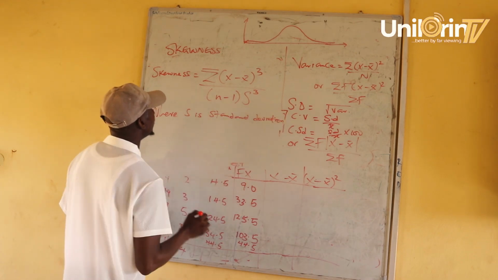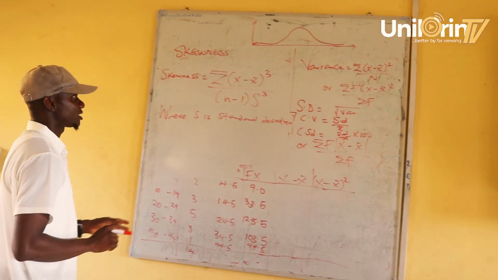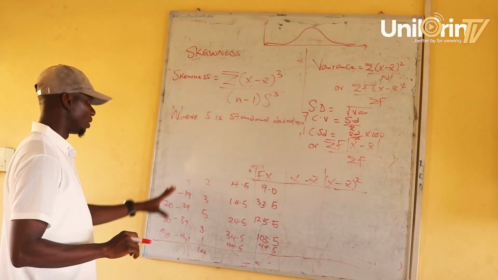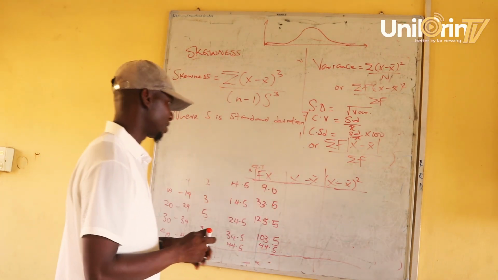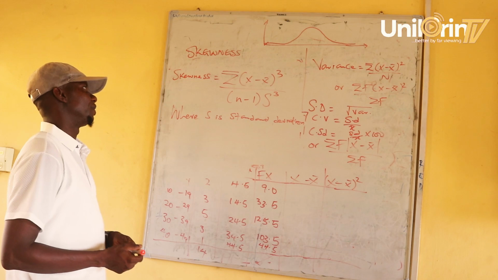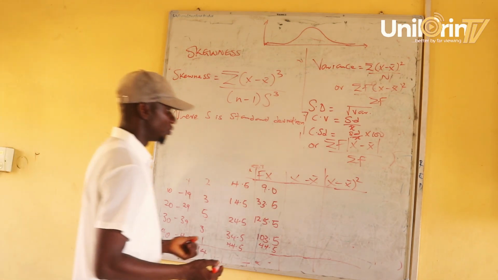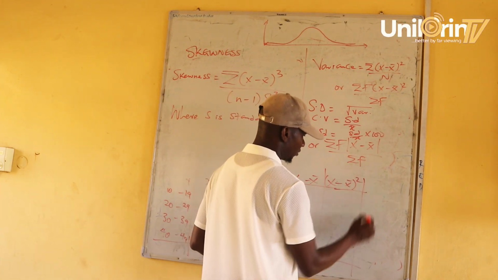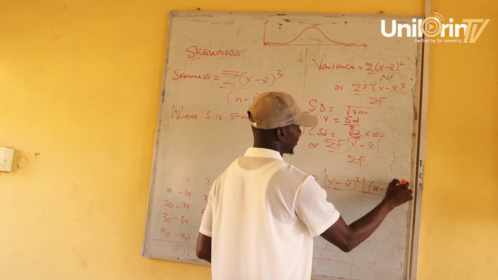If you want to calculate skewness, just like you have this table prepared for standard deviation, variance, mean deviation, and so on, for frequency data you still need an additional column, x minus x bar raised to the power 3.